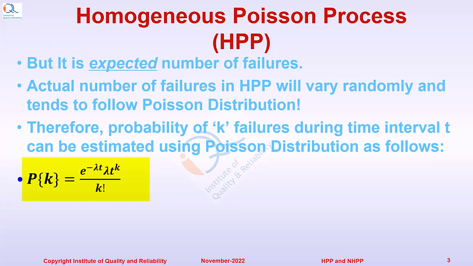Probability of k failures equals e to the power minus lambda t raised to the power k divided by factorial k, where k is the actual number of parts failing during time interval t and lambda being the constant failure rate.